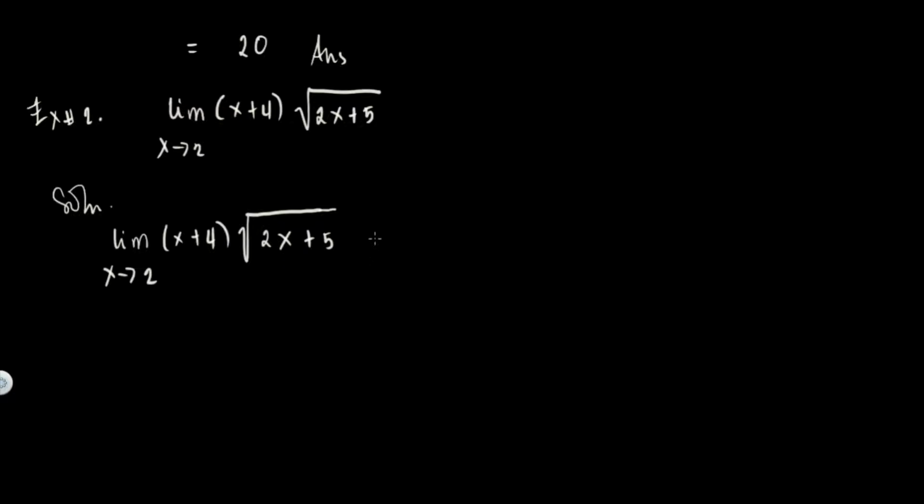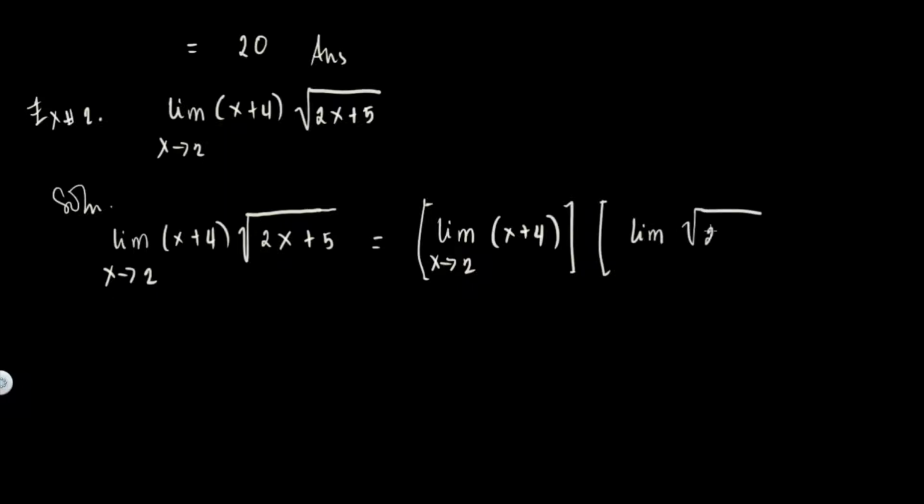So, this is equal to the limit of x plus 4 as x approaches 2, times, or multiplied by, the limit of the square root of 2x plus 5 as x approaches 2. There. Okay?